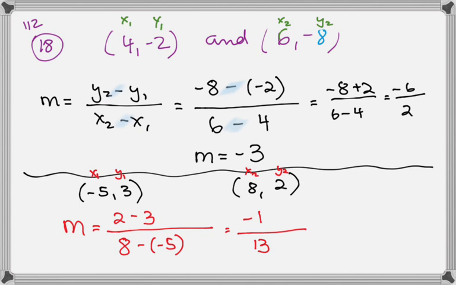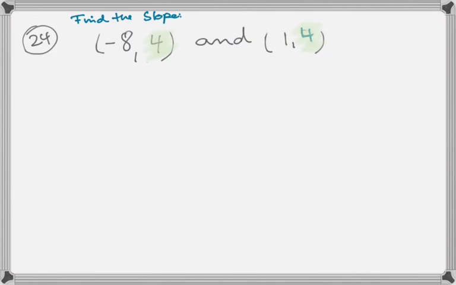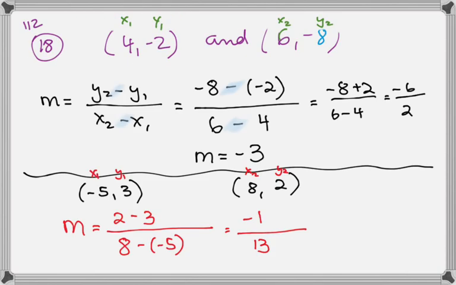Questions? Yes, we have a question, Alexis. Why is that 13? Why isn't it negative? 8 plus 5 is 13 because your x1 value is negative to begin with. You have the negative that's in your formula.